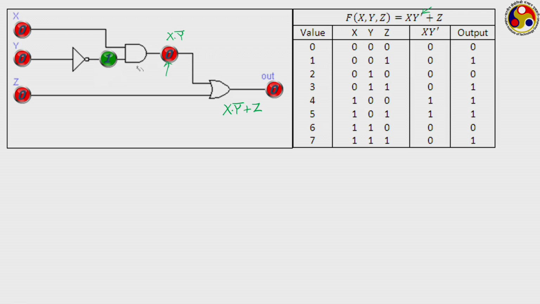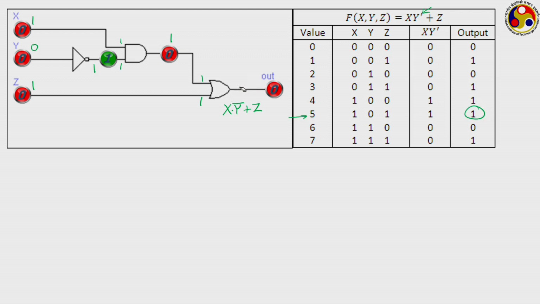However, say we take a scenario where X is 1, Y is 0 and Z is 1. After the NOT operation Y becomes 1, then both 1s going to the AND operation give another 1 as the output, and now this Z is also 1. So, both are 1 to the OR gate, and you are getting a 1 as the output. 1 0 1 is this scenario, you get 1 as the output.